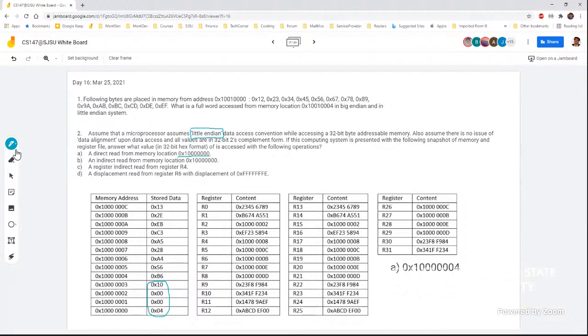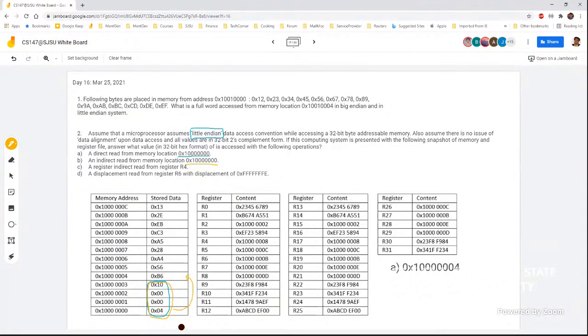Now question B says it is the indirect read from this location. So what happens, with indirect read, this memory location is first read in, and used as the memory address for the data. For whoever has programmed in C++, it's a pointer. So now we read from this address.